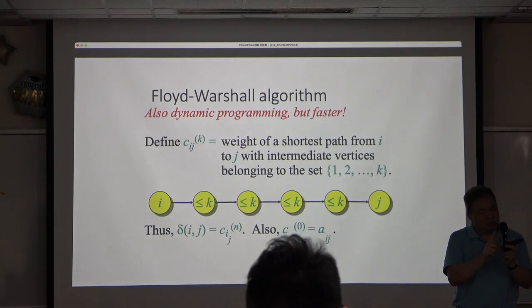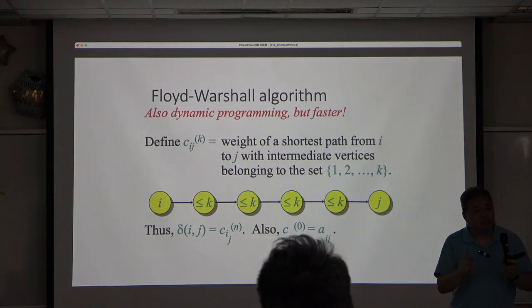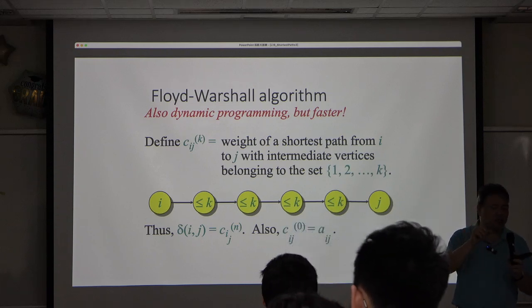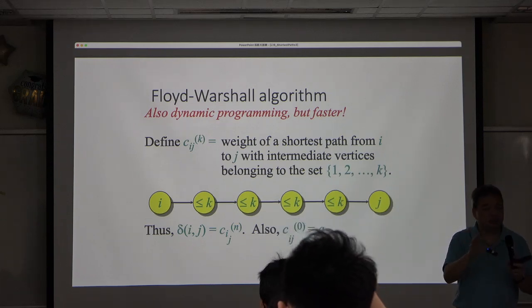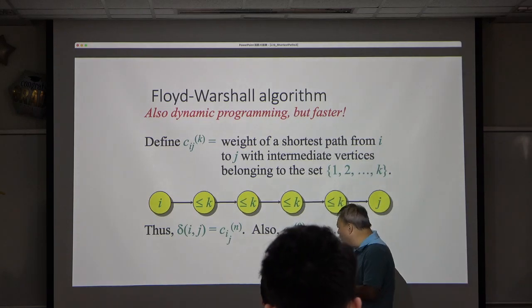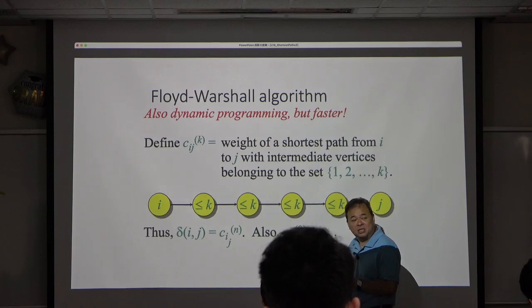You do not allow any node to be an intermediate node, because no node will have its value smaller than or equal to 0. So this just means you have no intermediate node whatsoever.